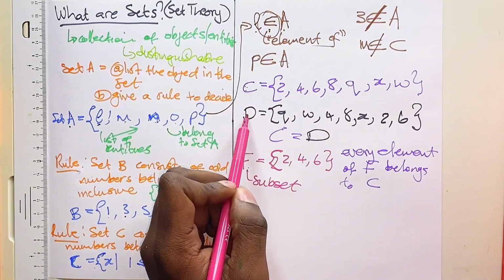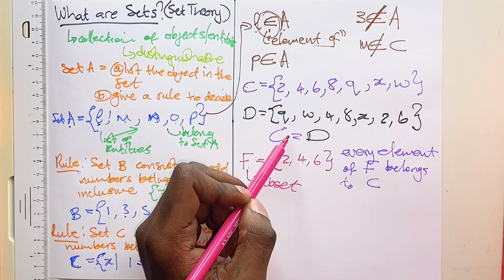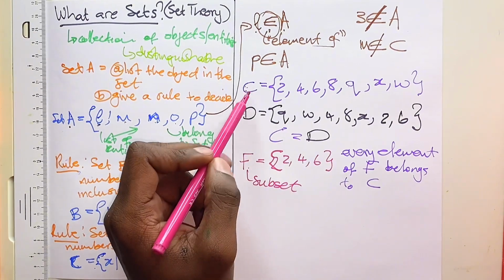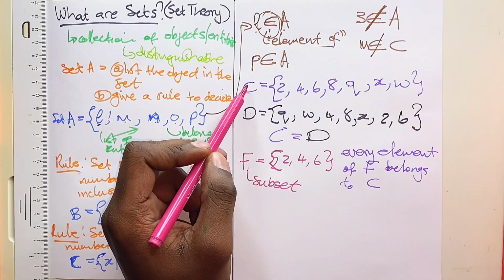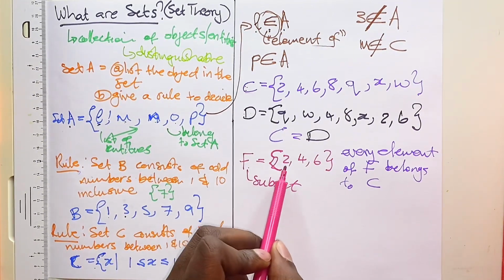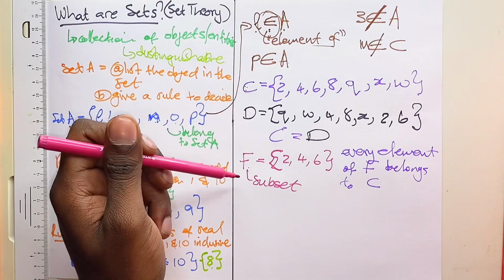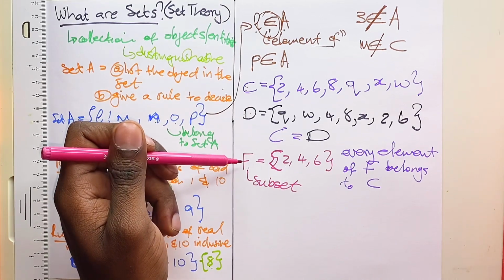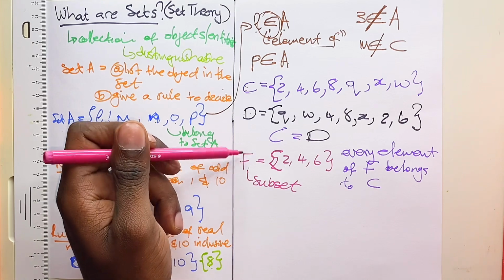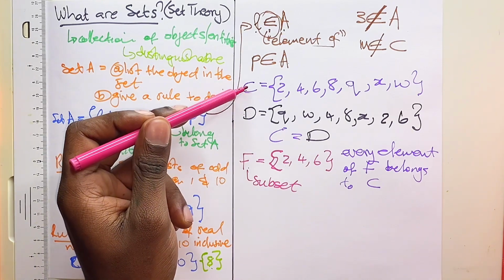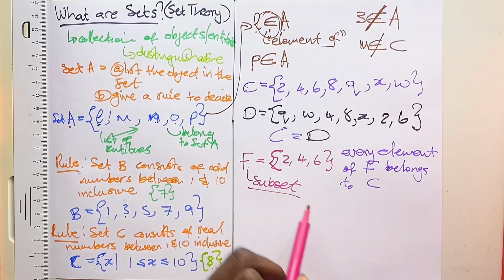Now, D here and C, we said they are equal. So we can also say they are subsets of each other because every element in D exists in C. But in this case, whereby they are not equal, but one set has all of its elements belonging to another set, we call that a subset.